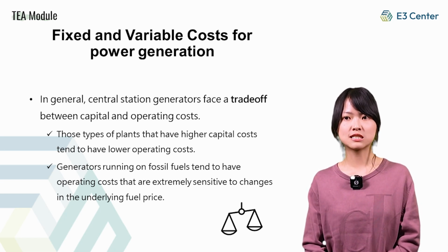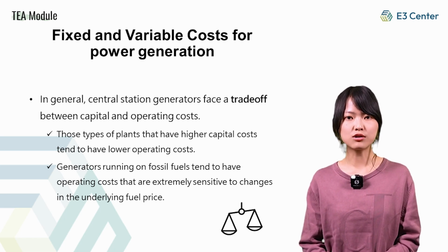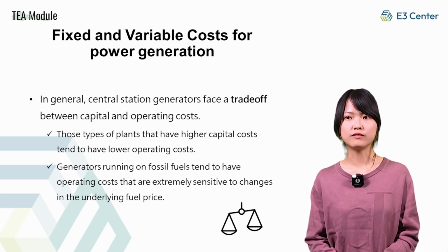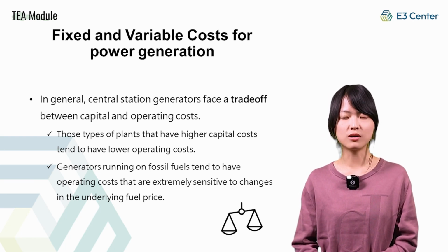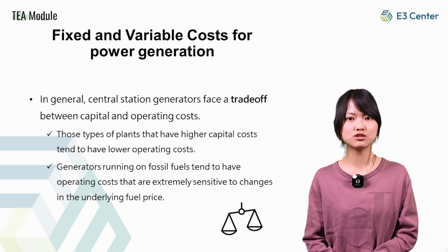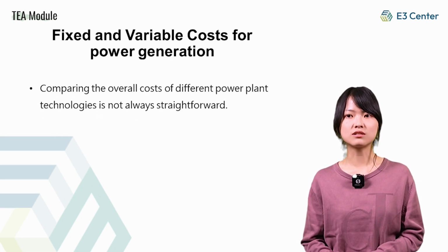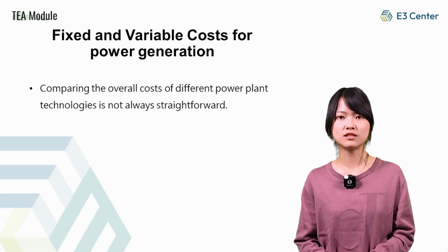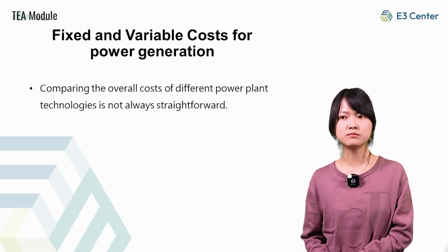For example, a spike in natural gas prices can drastically increase the operating cost of a gas-fired power plant, impacting the overall cost effectiveness of such installations. Comparing these costs across the different technologies is not always straightforward, but it is essential for making informed decisions about the energy investment.